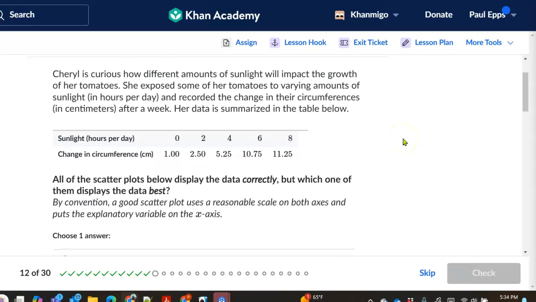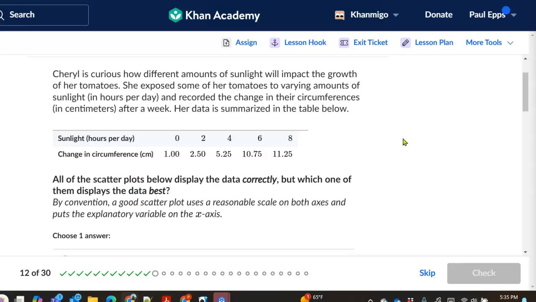Cheryl is curious how different amounts of sunlight will impact the growth of her tomatoes. She exposed some of her tomatoes to varying amounts of sunlight in hours per day and recorded the change in their circumferences after a week. Her data is summarized in the table below. All of the scatter plots below display the data correctly, but which one displays the data best? By convention, a good scatter plot uses a reasonable scale and puts the explanatory variable on the x-axis.